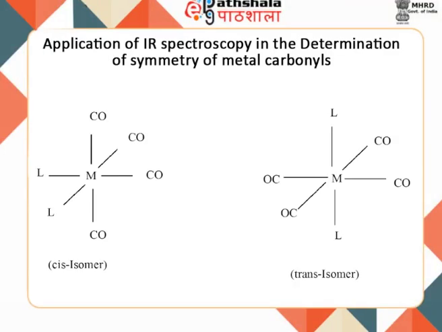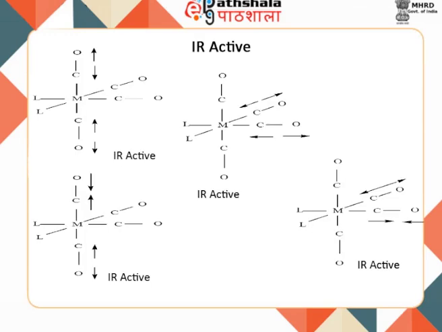Let us illustrate the above procedure taking the example of cis and trans isomers of metal carbonyls of the type ML2(CO)4. The approximate forms of the carbonyl stretching vibrations and their IR activity for the cis and trans isomers of ML2(CO)4, considering only the symmetry of the M(CO)4 portion, are given in the following figure.